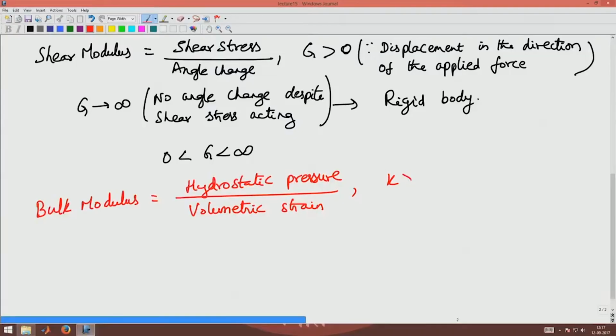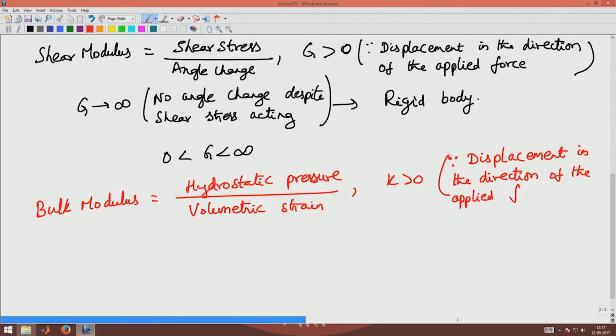If I apply a tensile hydrostatic pressure, the volume has to increase. For the same reason as above, K has to be greater than 0, since displacement is in the direction of the applied force.